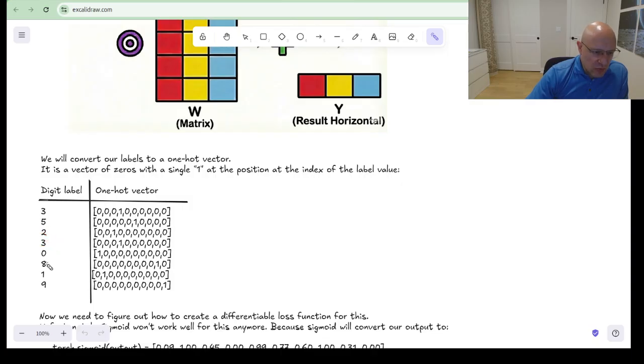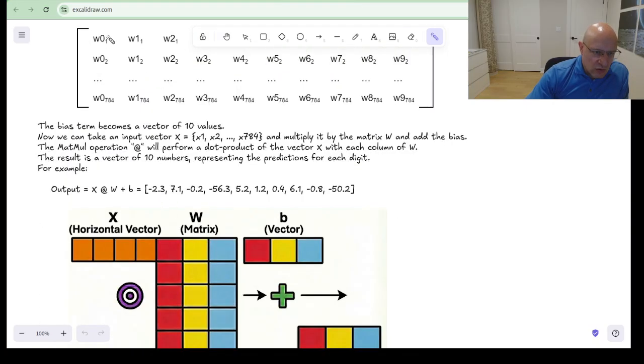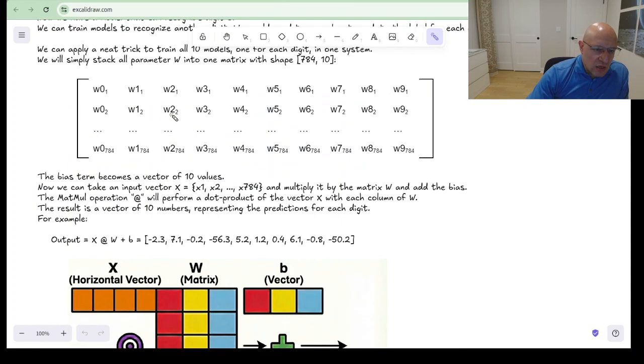So if my label was a 0, I want to put the 1 that says this is a positive example for my classifier in position 1, for this column. And I want it to be a negative example for all of those.